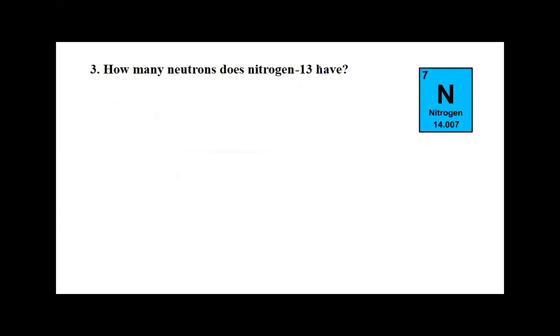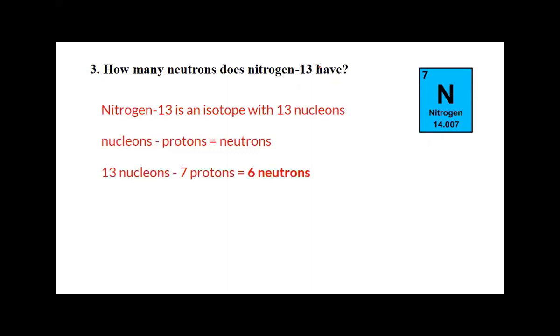Number 3, how many neutrons does nitrogen 13 have? So the synthetic version of nitrogen, what would that have? What do you think? Emma, how many? Yeah, it would have 6. Once again, if it gives you a number, we're no longer looking at the average. We know that this number has to be 13 for that one because of this right here.